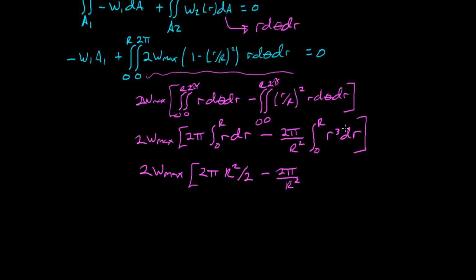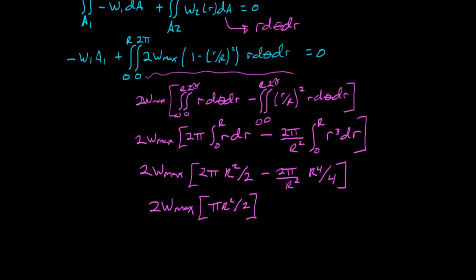Integral of r cubed is r to the 4 over 4. Again, subbing in for 0 and capital R gives us R to the 4 over 4. With a little bit of algebra, this just becomes 2 W max times pi R squared over 2.